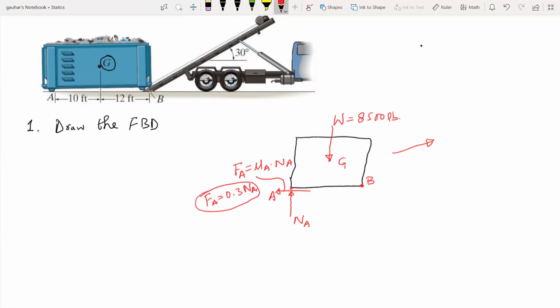Now once we come to point B, if you look at the original diagram which is given, point B is on that inclined surface. So the contact surface is at an angle of 30 degrees from the horizontal.